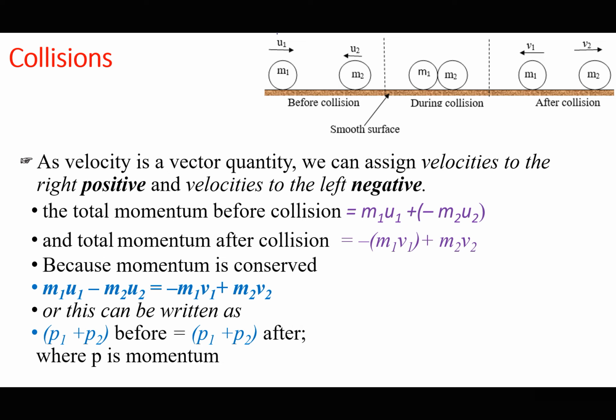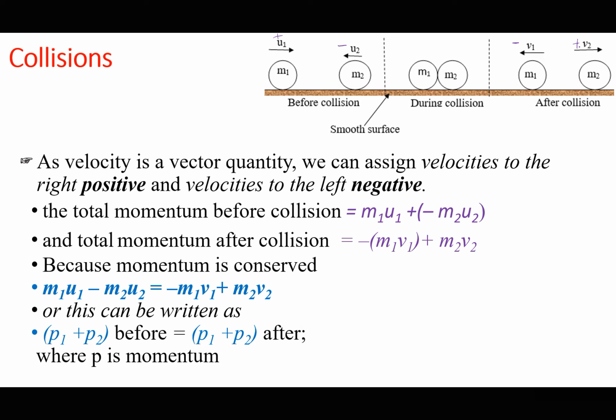Even after collision, velocities to the left are negative and velocities to the right are positive. By the way, the reverse would also give you the same thing, but it is easier for students to assign right positive and left negative. Remember momentum is a vector quantity, that's why we need to assign the velocities these signs.